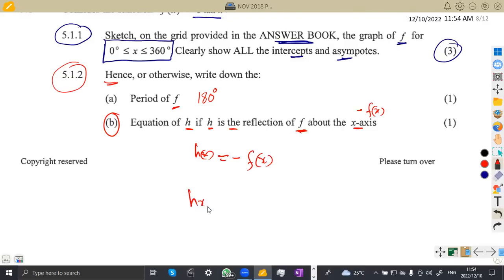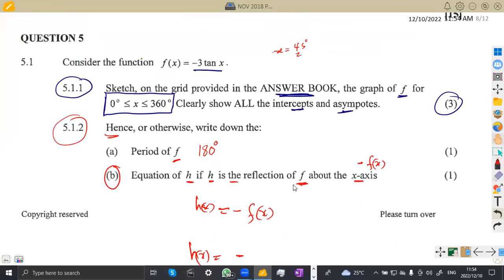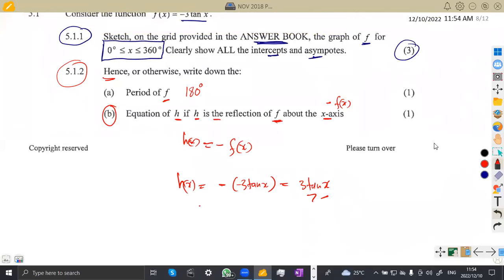Remembering that your f of x was -3 tan x, you multiply by a negative, which gives 3 tan x. So that was the equation of the reflection. If it is about the x-axis, you multiply the function that you are given by a negative.